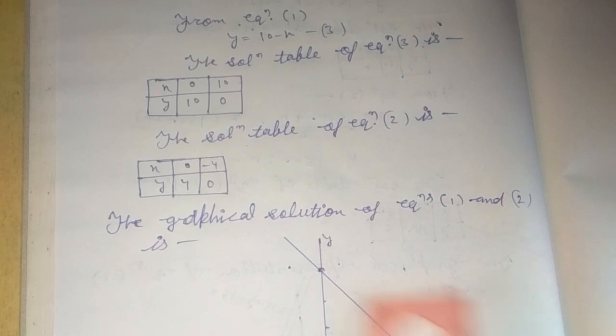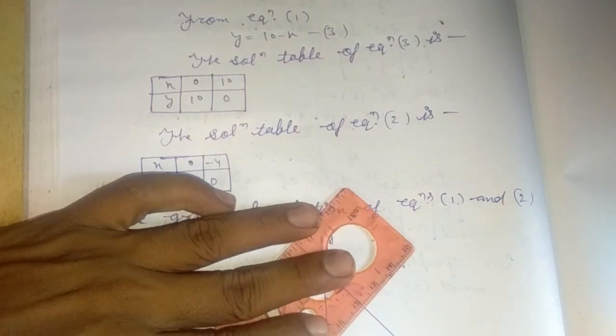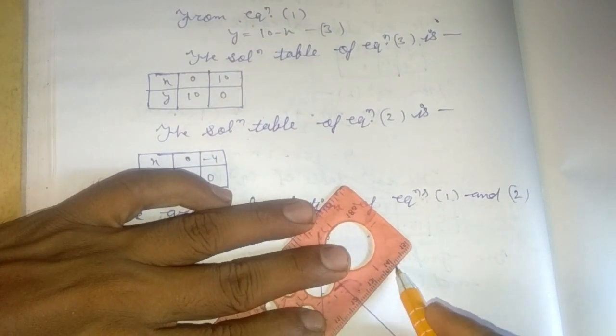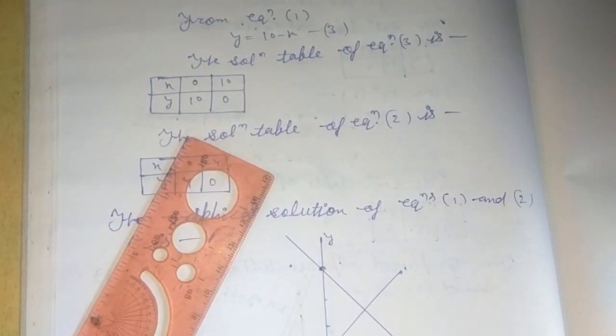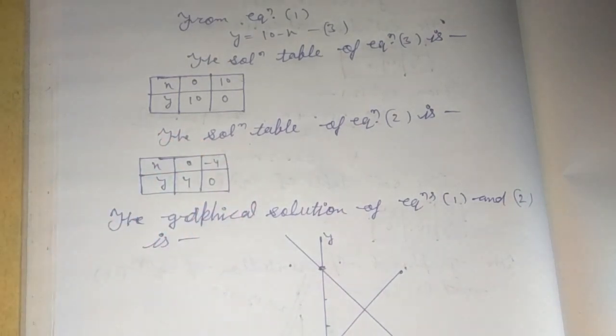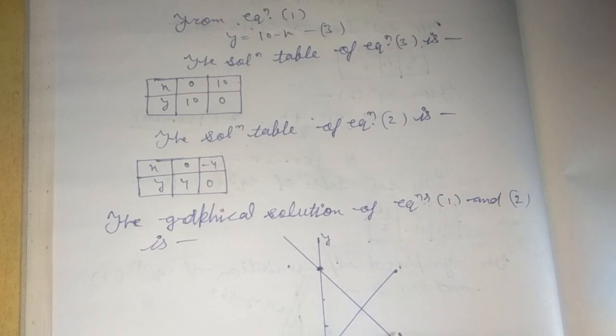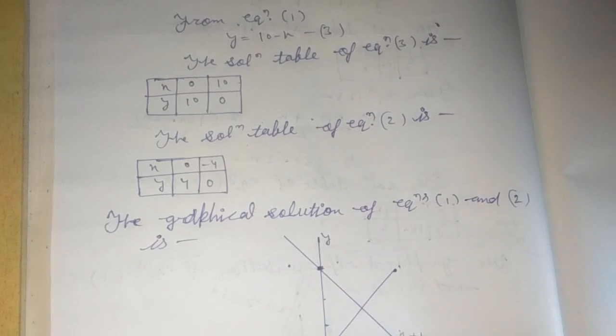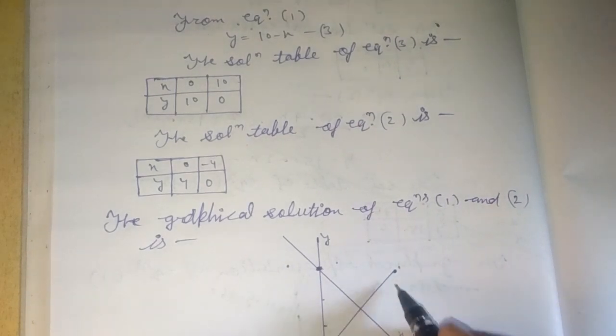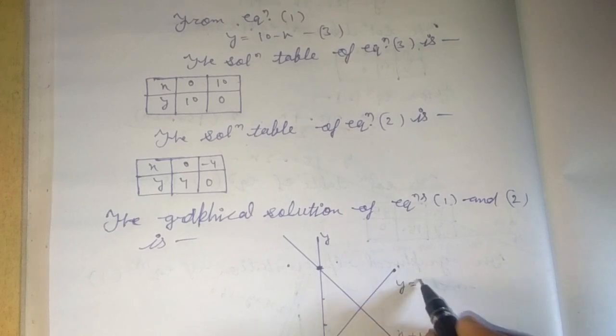We join these 2. So we write the names of the equations of these 2 lines: x plus y equals 10, and y equals x plus 4.